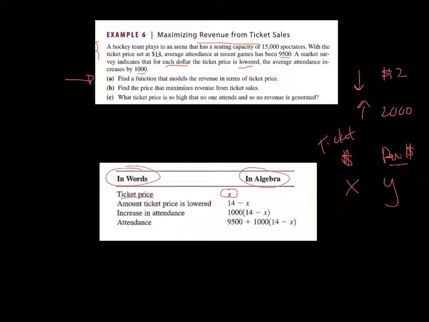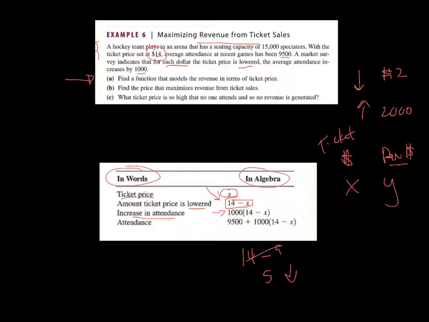The amount that the ticket price is lowered is going to be 14 minus X, because 14 is the current price. The increase in attendance is going to be 1,000 for every dollar decrease. So say we have a $5 decrease, then 14 minus the price of a ticket, which would be, say, $9, so 14 minus 9 gives us the $5 decrease.